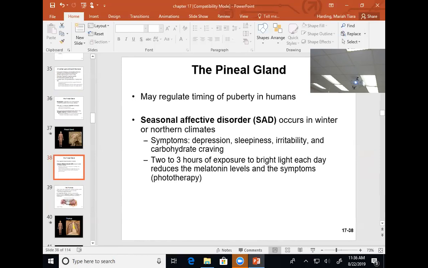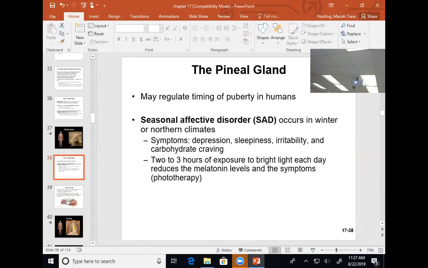There's something called seasonal affective disorder. For people who aren't doing phones and artificial lights and TVs and staying up all times in the night, they can still have seasonal affective disorder sometimes in the winter months. In the winter months, what happens to our daylight amount?